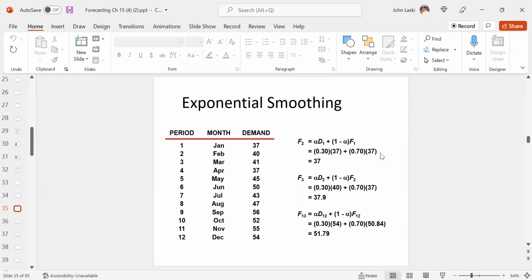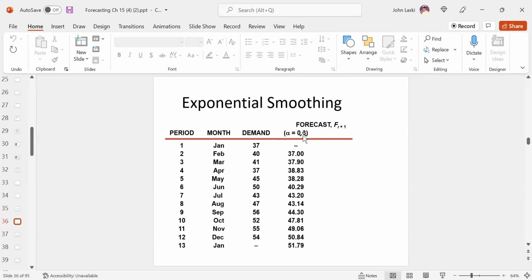Do we have to do it that way? No. Instead of an alpha of 30%, we can equally weight the demand and forecast, an alpha of 50%, because if alpha is 50%, 1 minus alpha is what? 50%. We can reverse exactly what we're doing here and weight the demand 70%, the forecast 30%.